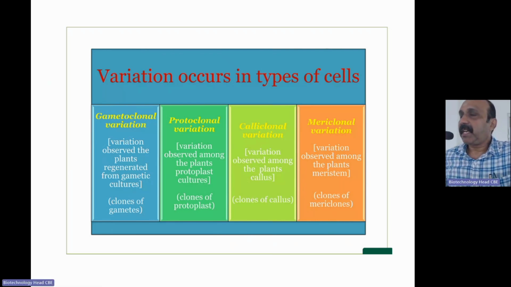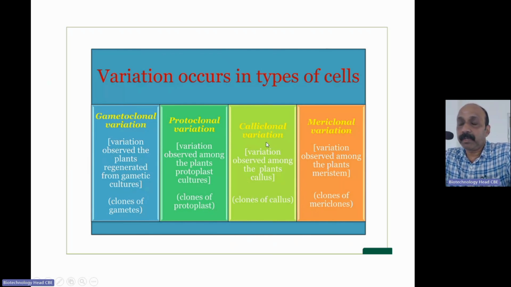So this is the variation that occurs in different types of cells. In almost all types of explants, we can get this variation. Gametoclonal variation is observed from gametic cultures, the clones of the gametes. Protoclonal variation arises from protoplast culture, from the clones of the protoplast.